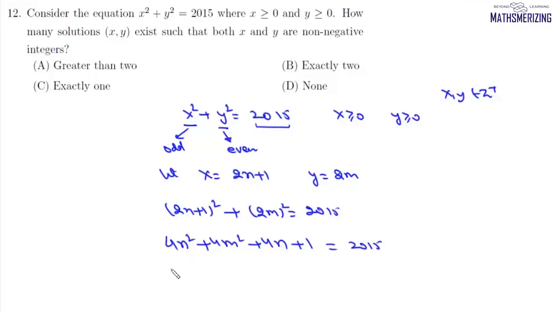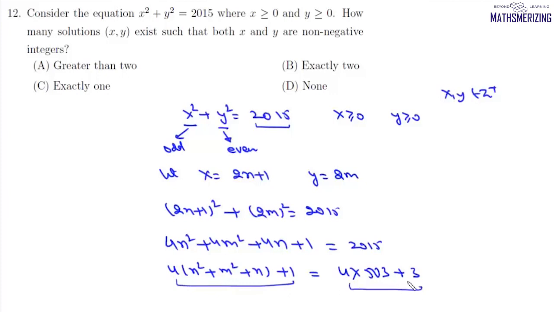Now the left hand side is 4 times n square plus m square plus n, plus 1, whereas the right hand side we can write as 4 into 503 plus 3. So this is of the form 4k plus 1 and this number is of the form 4k dash plus 3. So the left hand side and right hand side modulo 4 give us two different numbers. That means this equation cannot be true. So this equation has no solutions. So the number of such x and y is none of these, and that's your option D.